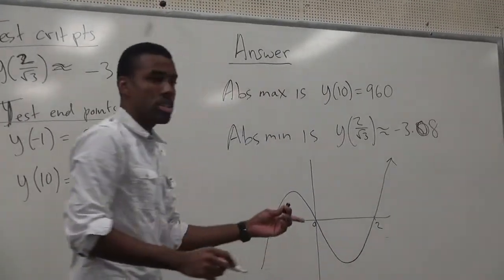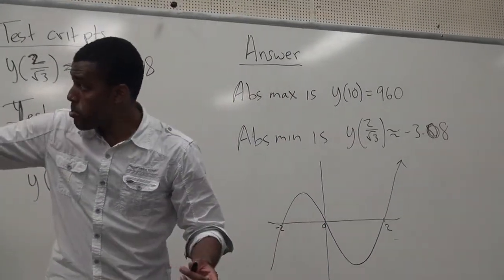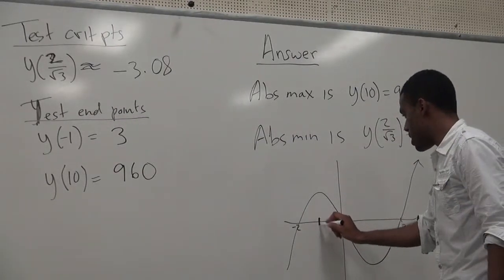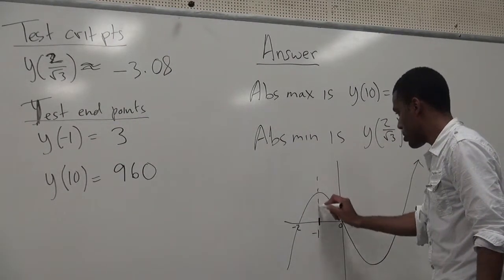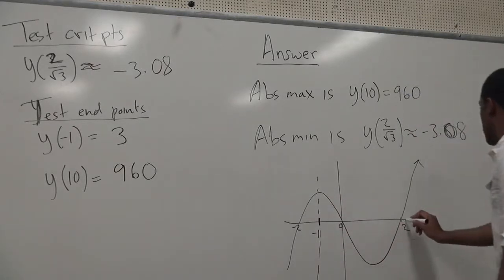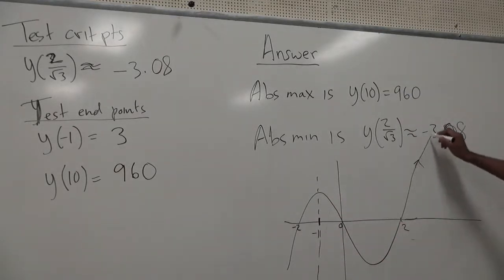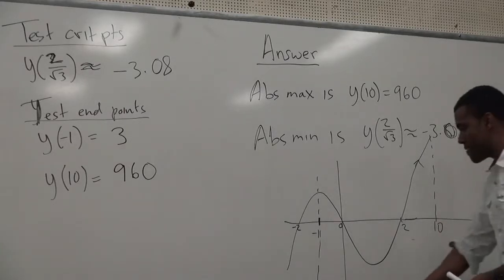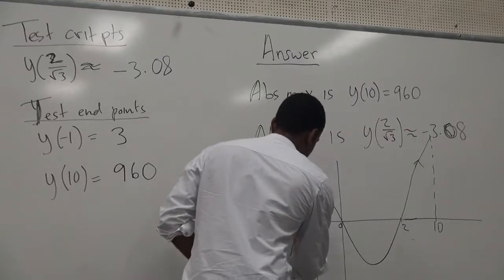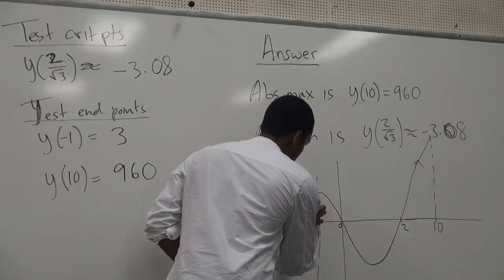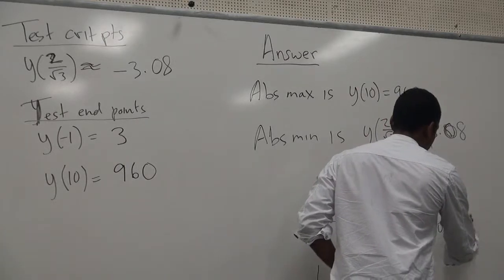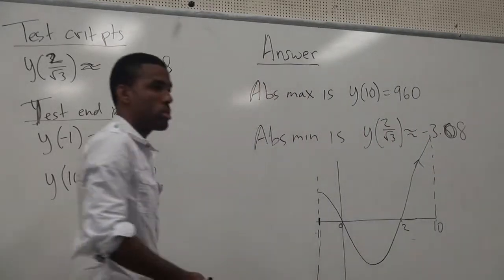Now the interval I gave you was from minus 1 to 10, right? Which means I only care about from minus 1 going up to 10. Let's pretend 10 happens here. In this interval, the only things I want to identify are the largest value and the smallest value.